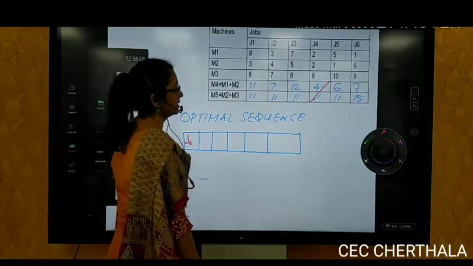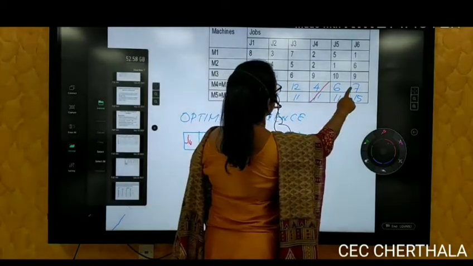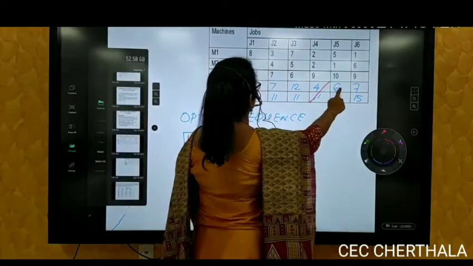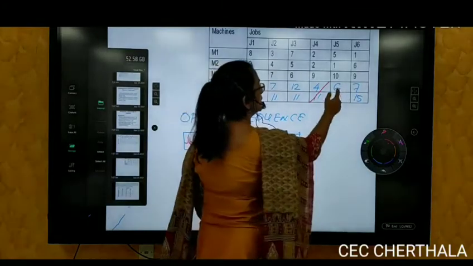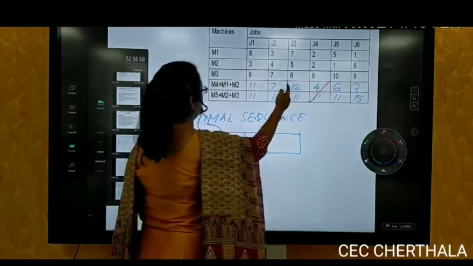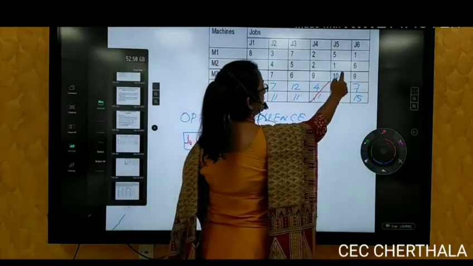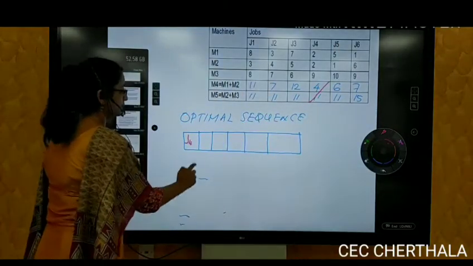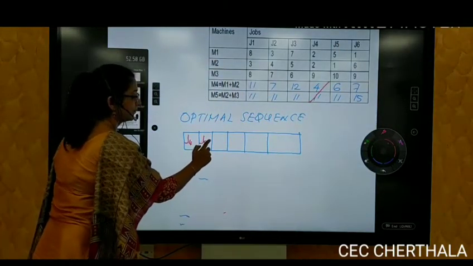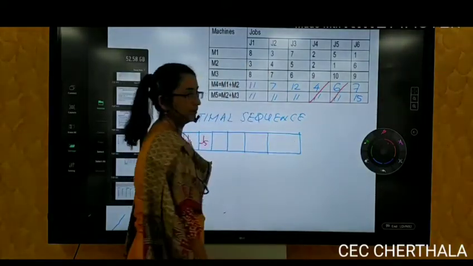Now the next smallest number is this one, 6. 6 is coming in the first row, first hypothetical row. So the corresponding job J5 should write here and delete that column.